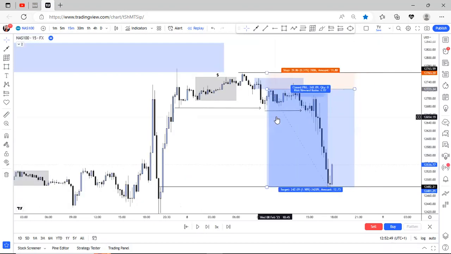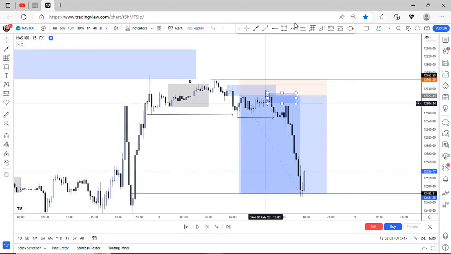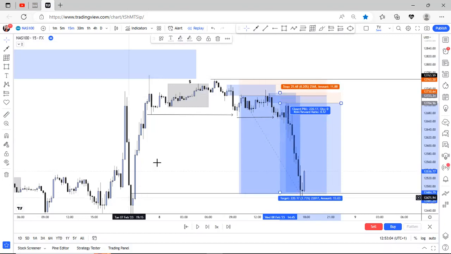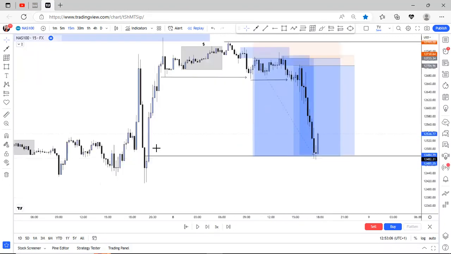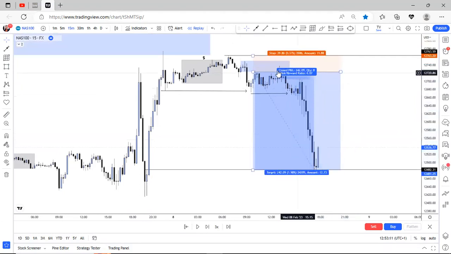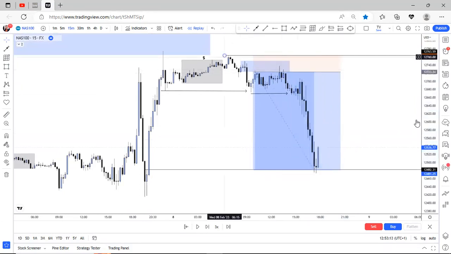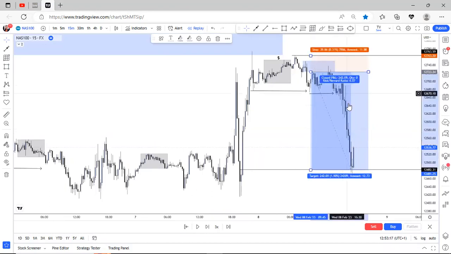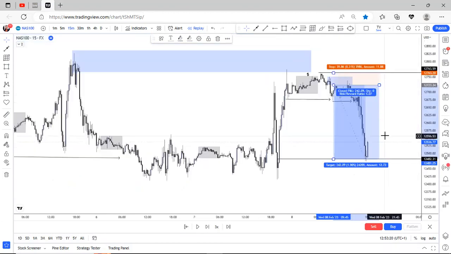So I didn't want to get into a lot of trades actually, but this would have been another great sell opportunity right here, still targeting this imbalance field or this demand level that we have right here. Okay, so that was how I used supply and demand to get this 1 to 6 RR trade, which is over 2,000 pips in the market.